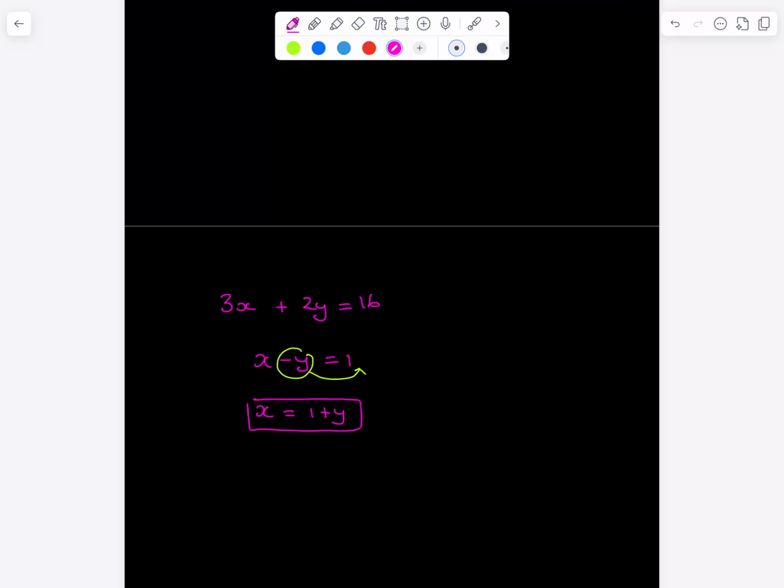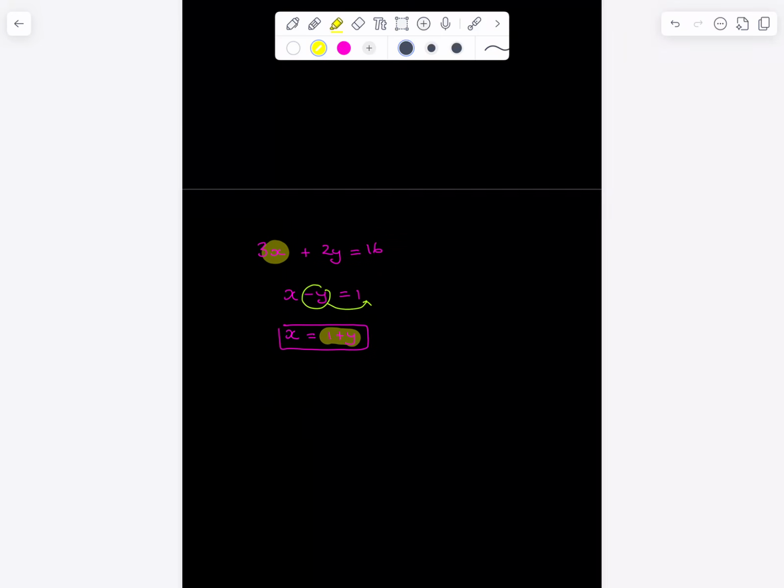And now all we need to do is wherever we see x in my first equation, we need to substitute 1 plus y in, and we need to use our brackets. So my first equation, let's use a different color, we could use white, is 3x plus 2y equals 16.